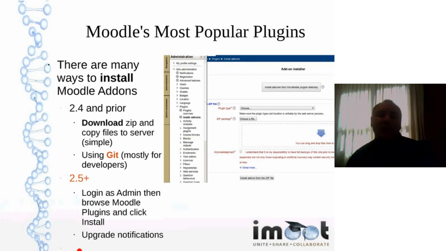Now in Moodle 2.5, as a site admin, unless the functionality has been disabled in the config.php, which it sometimes is, if you're hosted on, say, a Moodle partner, because they don't want you just going out and installing anything, because that could create some security issues not only for you but for others.